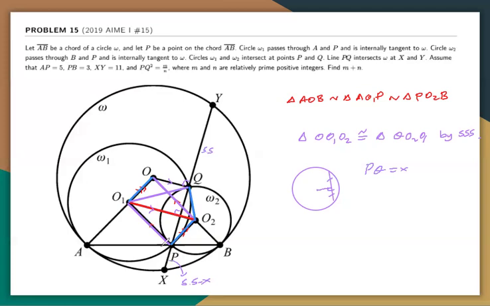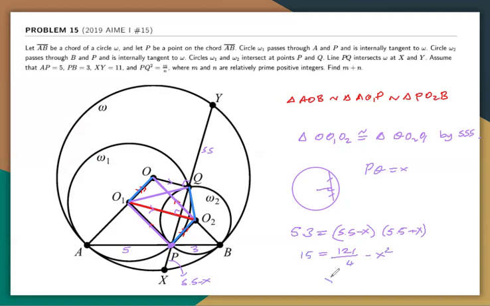If I take the other numbers that we had, this was 5 and this was 3. I can take the power of a point with this, which will be 5 times 3. And then this is 5.5 minus X, and since this is X, PQ, and the other part is 5.5, it is going to be 5.5 plus X. If you expand those, you get 121 over 4 minus X squared equals 15.